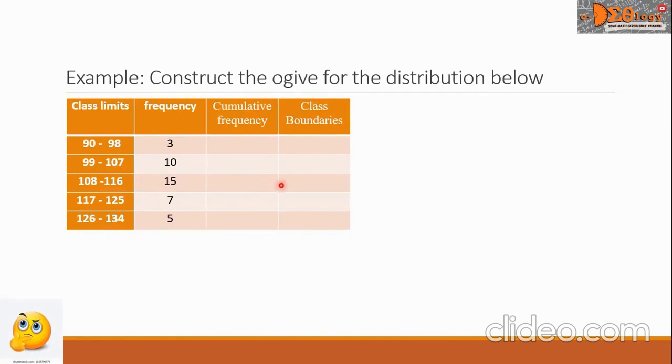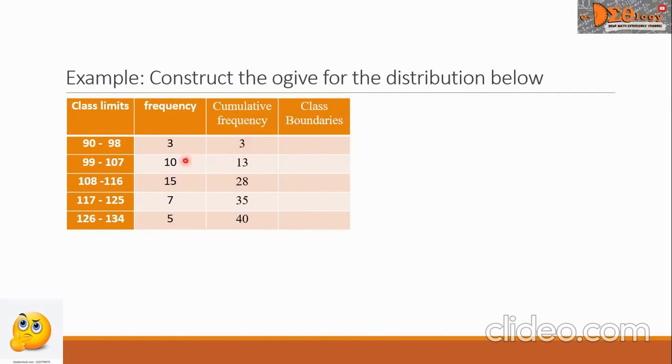The next is, we will make two more columns. The first column is for the cumulative frequency and the other column for class boundaries. Let us complete the column of cumulative frequency. The first number 3, we copy this from the frequency of the first class.